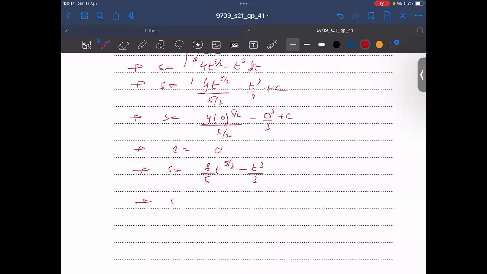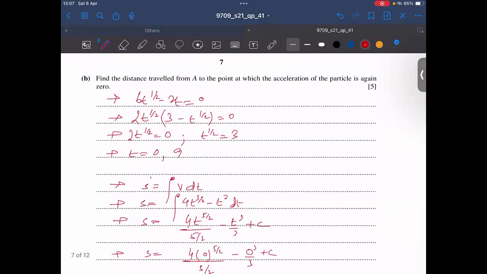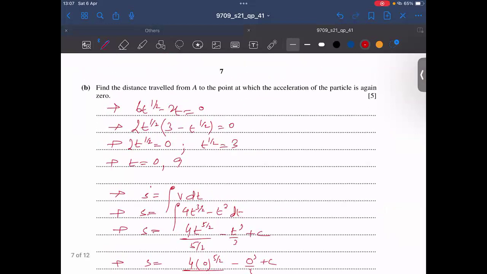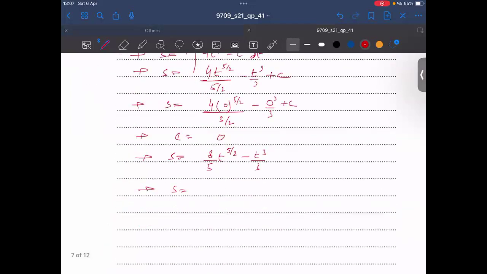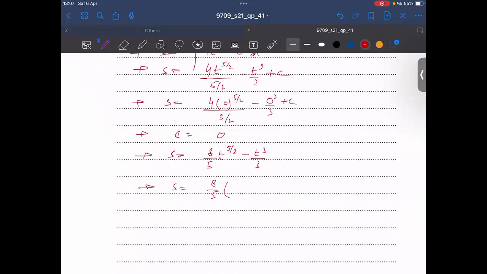Now I can calculate it. The time at which the acceleration becomes again 0 is t equals 9 seconds. I'm going to substitute t equals 9. So Amna, 3 to the power of 5 is 243, times 8. 243 times 8 divided by 5 is 388.8. 9 cube upon 3.